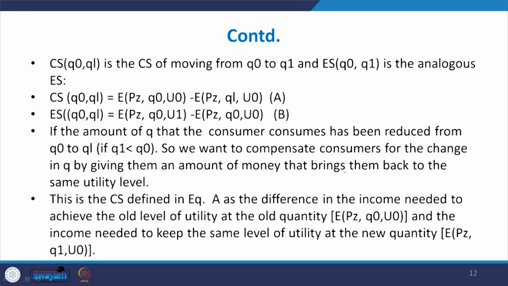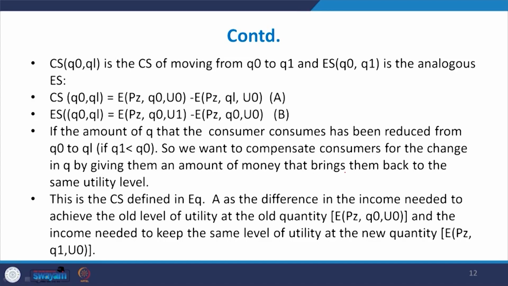In case of compensated surplus, it is the difference between the amount of money spent by the consumers for a given level of utility and initial level of environment, minus the amount of money required by the consumers to achieve the given level of utility when there is a change in environmental quality. The change may be in any direction, improvement or deterioration.